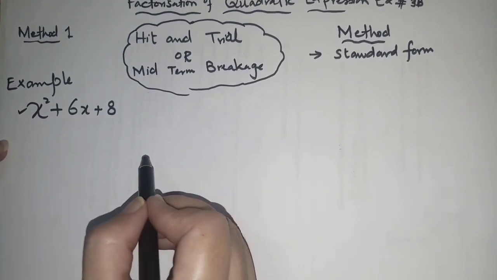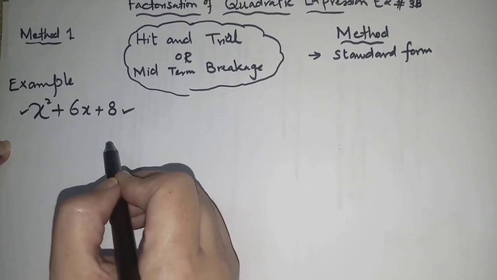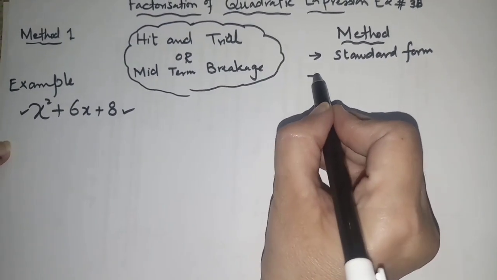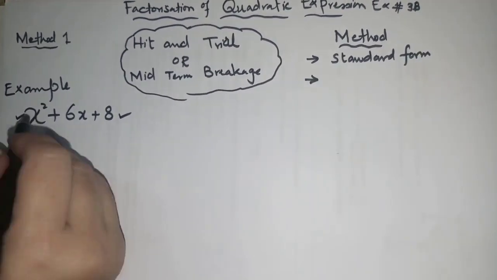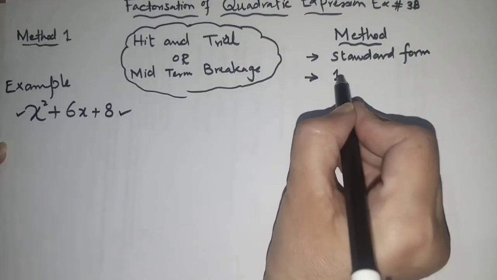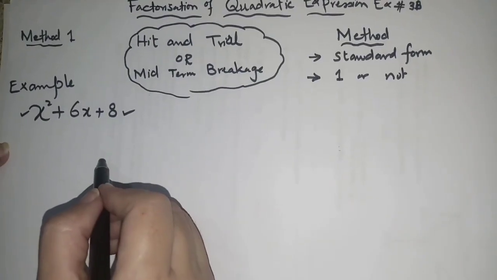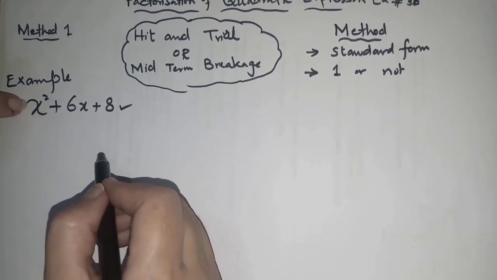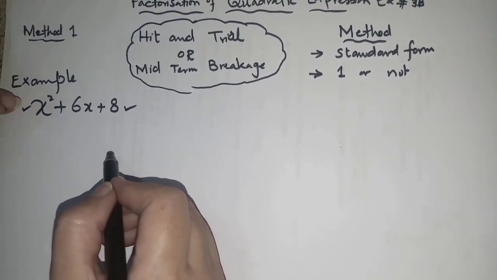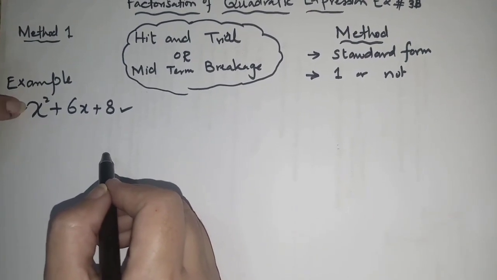If we look at the question, we can see that our expression is in standard form. The next thing we have to check is the coefficient of the square term, whether it is 1 or other than 1. If there is no number before the variable, it's understood to be 1. Here the coefficient of the square term is 1.